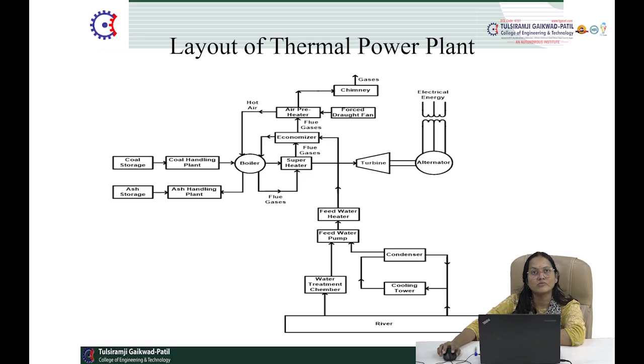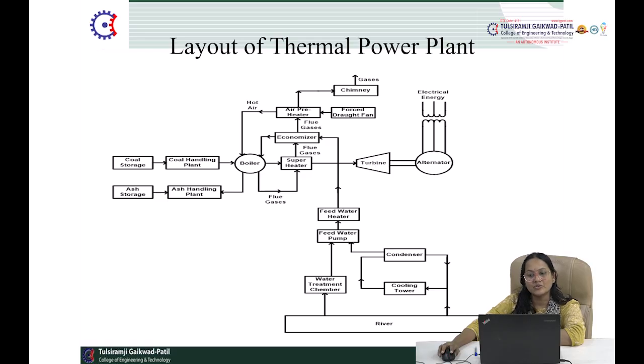Definitely the combustion of coal will start. Now whenever complete combustion of coal takes place, three products will be formed. The first one is ash, the second one is flue gases, and the third one is steam, right? Now we simply take the steam and pass it through the superheater.